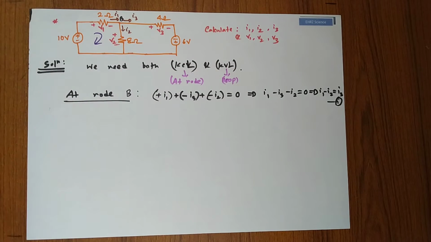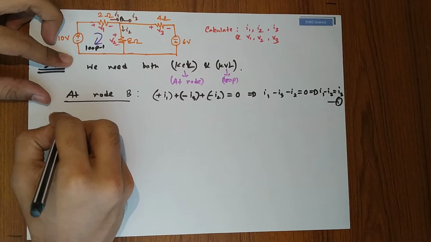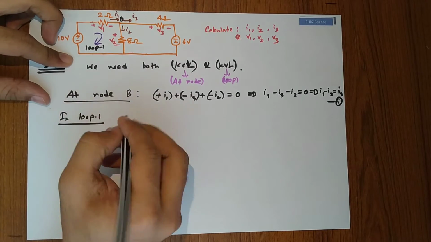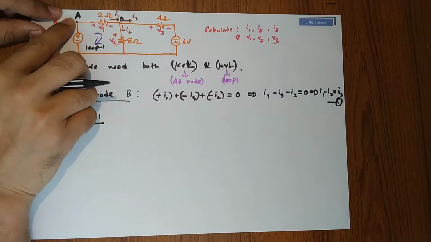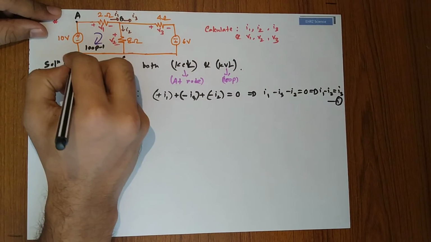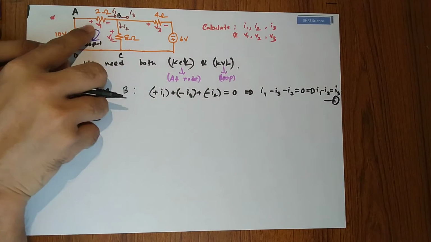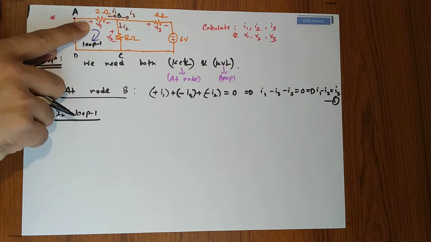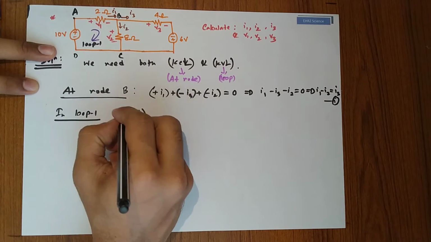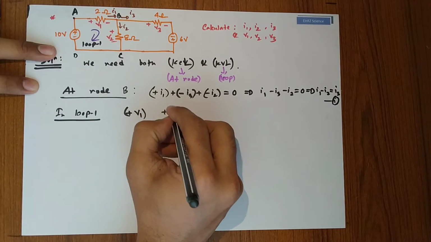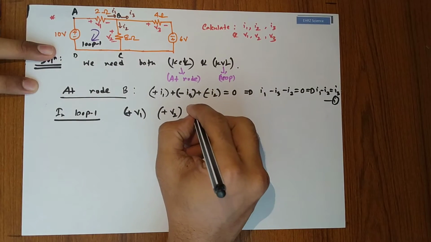Now in loop 1, suppose you are starting from point A. This is A, B, C, D and A. From A to B, we have voltage drop V1 with positive polarity, so plus V1, this is plus V2, because you are entering the positive terminal here, and this is minus 10.